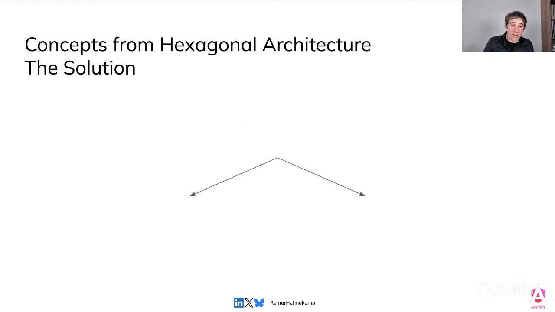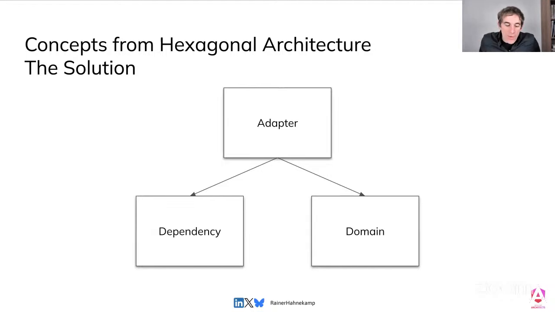And the hexagonal architecture, which is also very often called ports and adapters, what they are doing is that they say, look, as a domain, you don't need to know about the dependencies. You just define the feature, the function that you want, and as you want it. You don't need to consider any constraints from a certain library. You just define an interface.